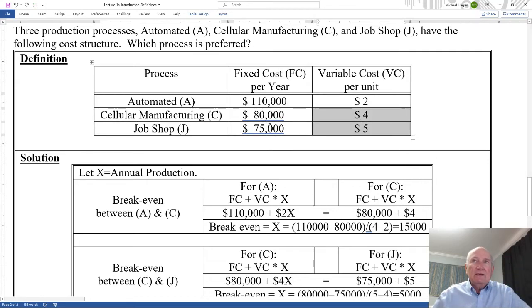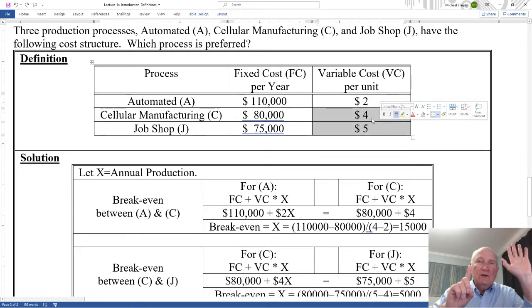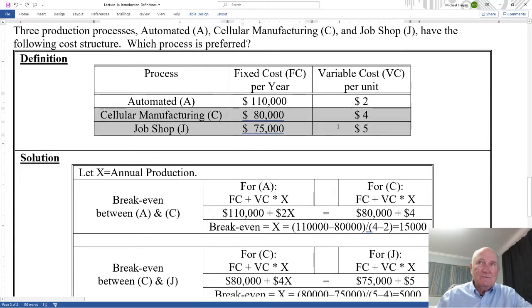Now, when I start producing items on either cellular or job shop, I'm saving $1 for each unit I produce. How many can I produce so that the production savings equal the increased fixed cost of 5,000? A dollar per unit will be 5,000 units. So a production of 5,000 units would be the break-even between these two.